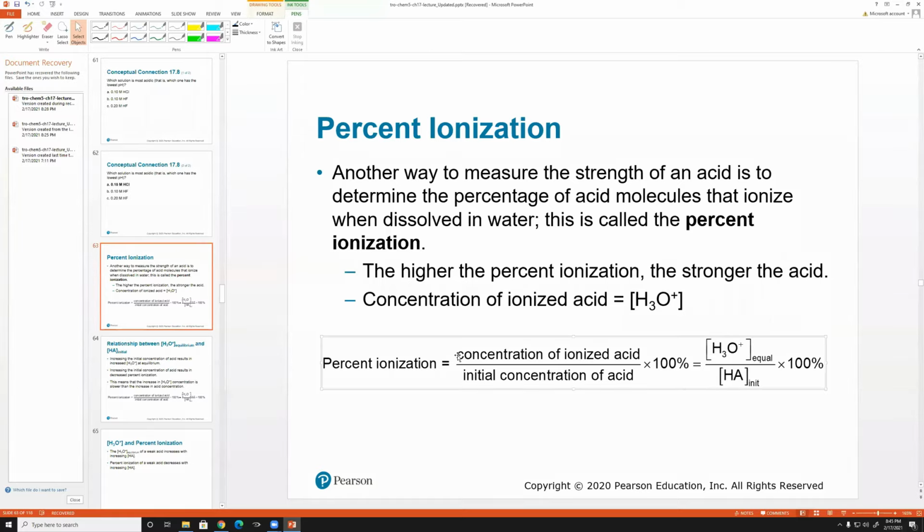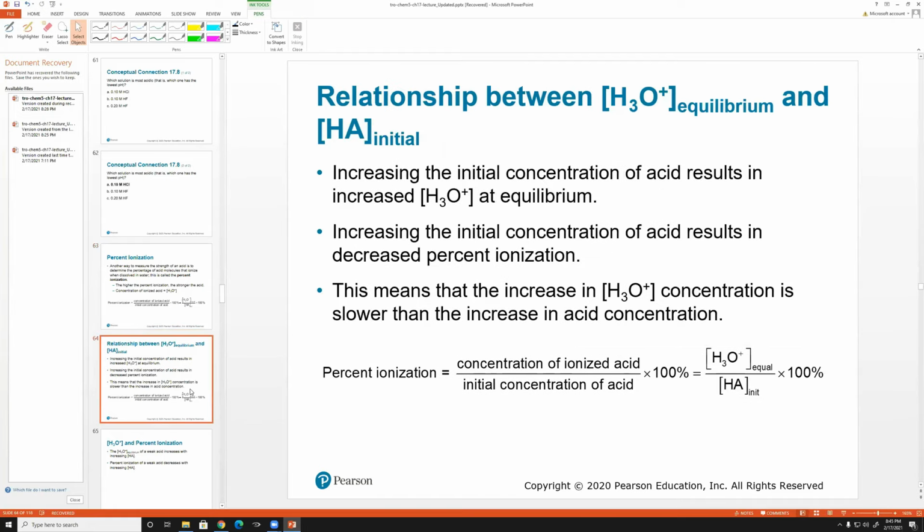It's simply the concentration of the ionized acid, meaning H3O plus, divided by your initial concentration of the acid, which is your HA initial. So it's going to be your H3O plus at equilibrium divided by your initial HA, times 100. And usually for the weak acids, it's going to be very small.